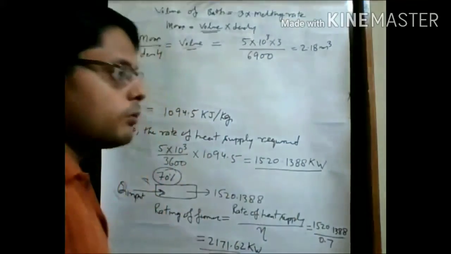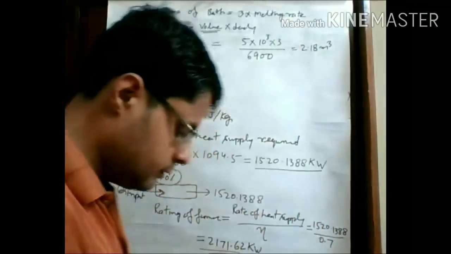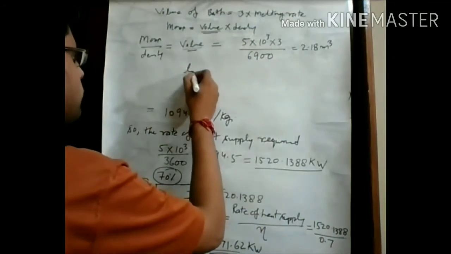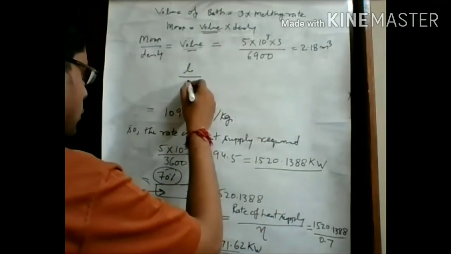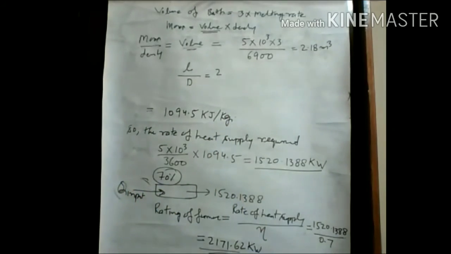Now in the problem it is given that the length to diameter ratio is 2. Here the length of the bath upon the diameter of the bath is equal to 2. So it is a cylindrical shape bath.